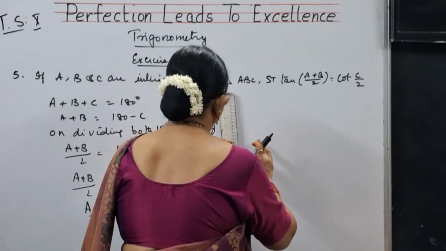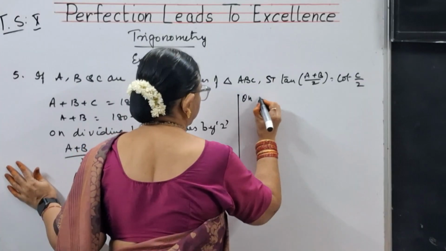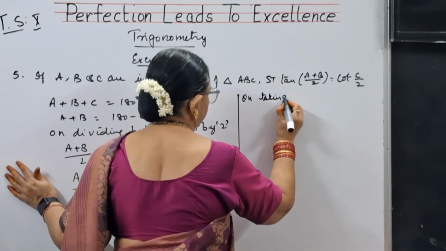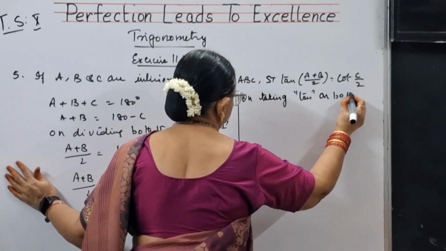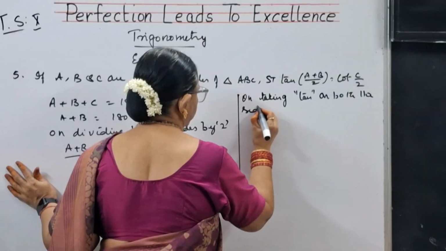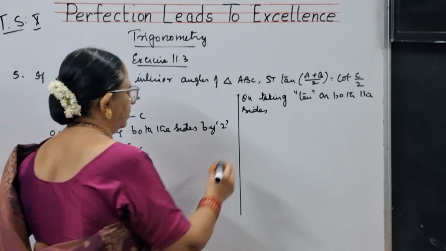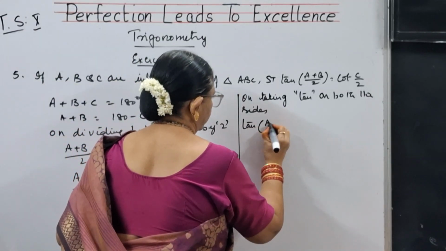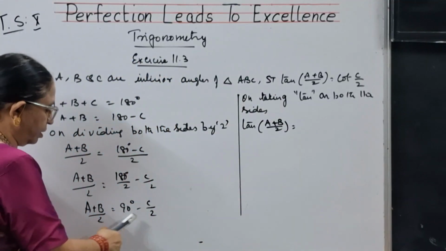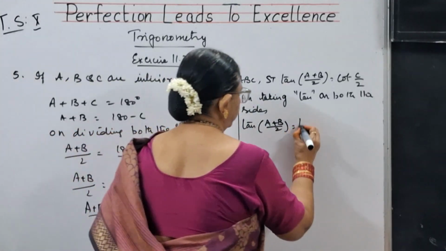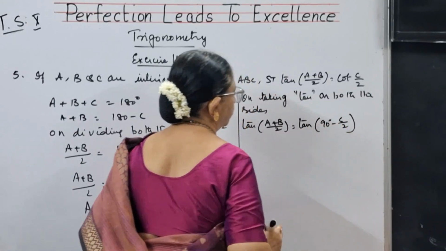Now here the problem is demanding about tan. So you have to take tan on both the sides. On taking tan on both the sides, what are you getting? It becomes tan of (A plus B) by 2 is equal to tan of (90 degrees minus C by 2).